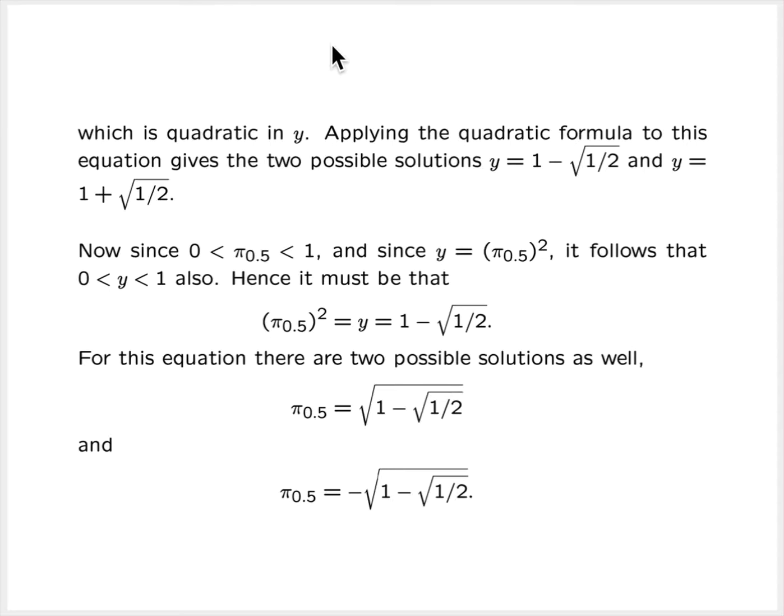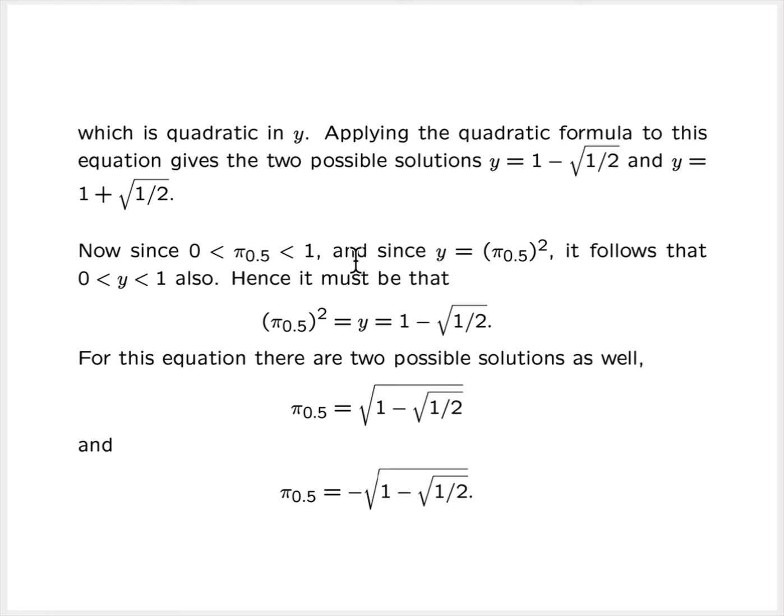Now, applying the quadratic formula to this equation gives us two possible solutions: y equal to 1 minus the square root of 1/2, and y equal to 1 plus the square root of 1/2. Because the sample space of this distribution is the unit interval from 0 to 1, we know that the median, pi sub 0.5, must be between 0 and 1. It cannot be greater than 1.